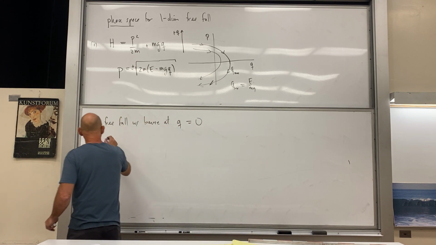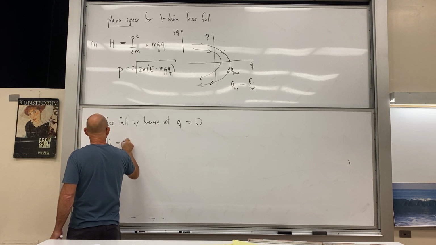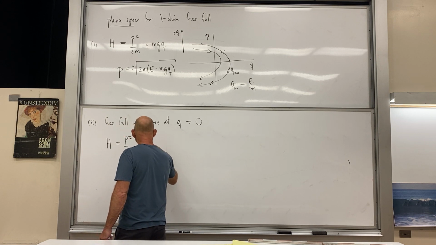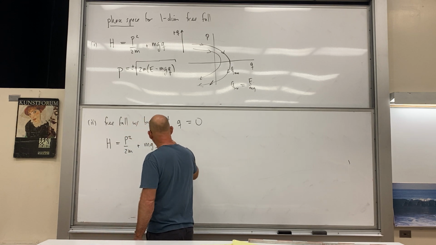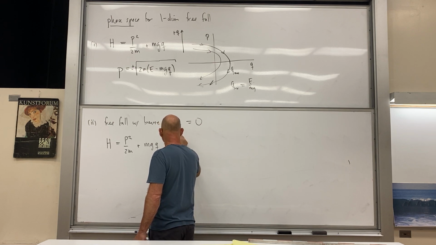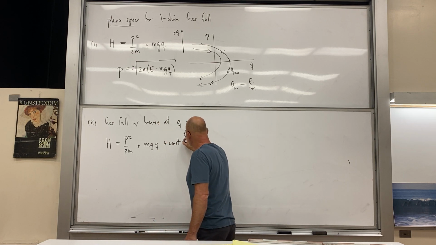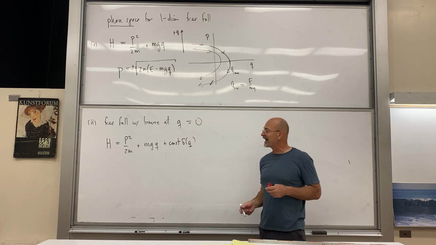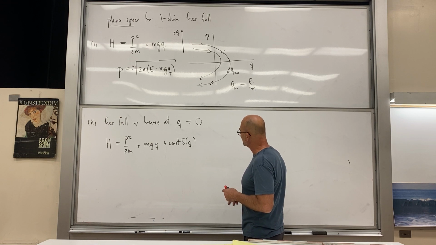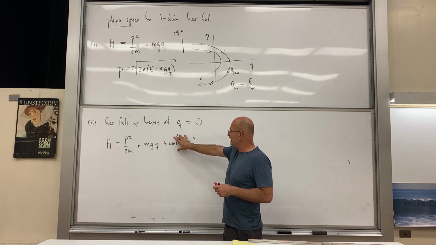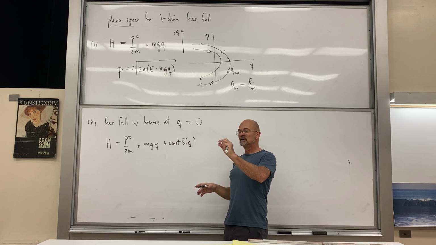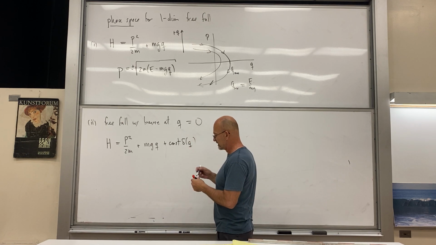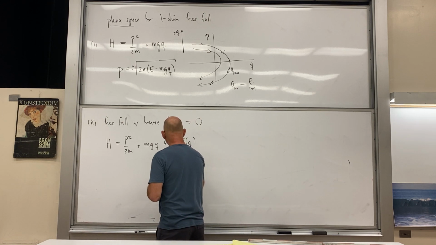So now we have H equals P squared over 2M plus MGQ, and now I'm going to add some constant times delta of Q. This is just to forbid the thing from going down into negative Q territory. You know, here we could actually have some elastic potential over a small, thin layer in which things bounce ideally or something. So here I'll just call this elastic bounce.